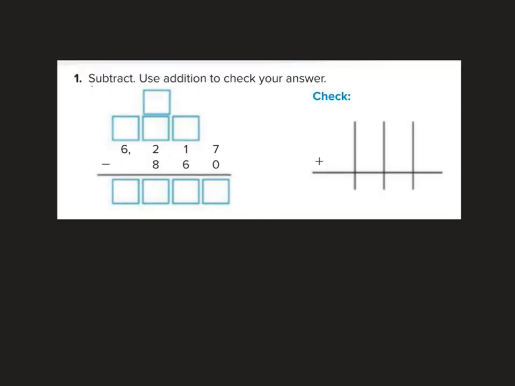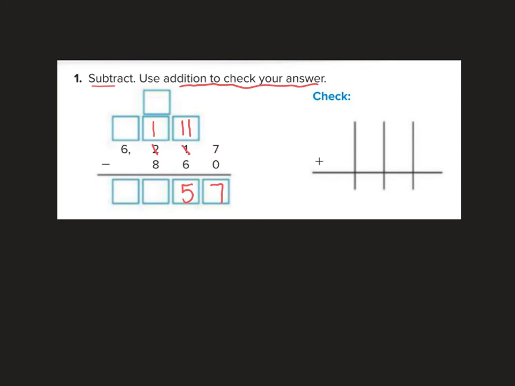Okay, now my directions say subtract. Use addition to check your answer. Here we go. 7 minus 0 is 7. 1 minus 6. I can't do it. Go next door. Now I have 100. Get 10 more and 11 tens. 11 minus 6 is 5. 1 minus 8.